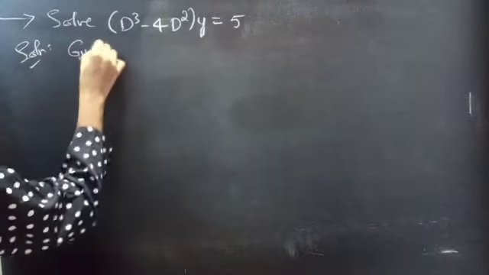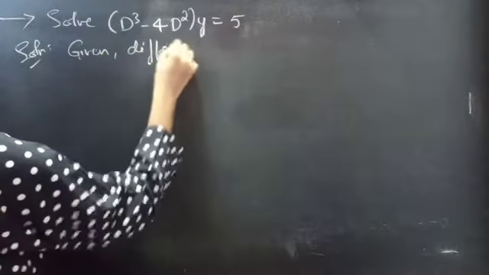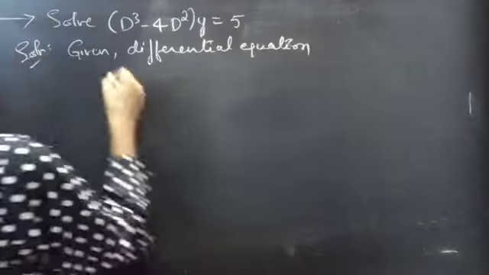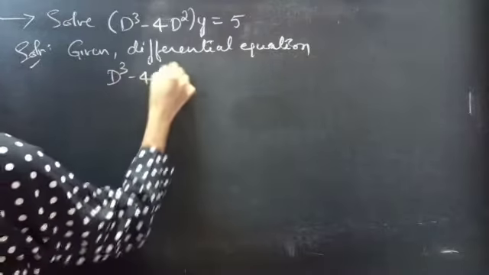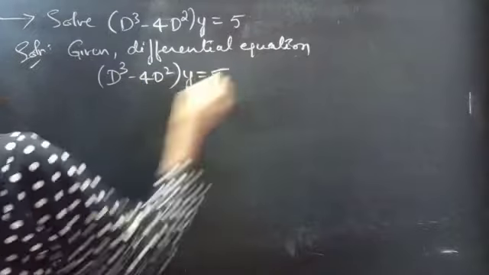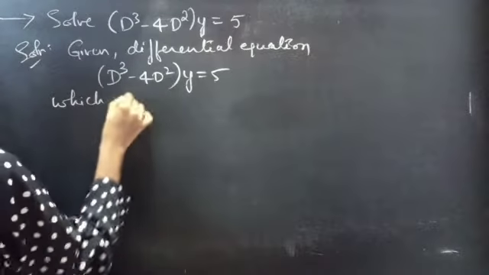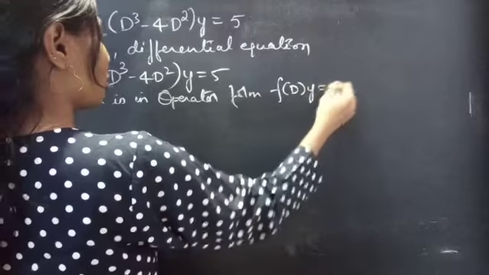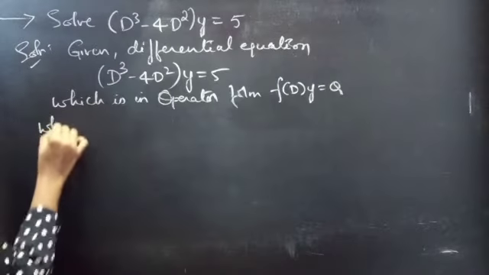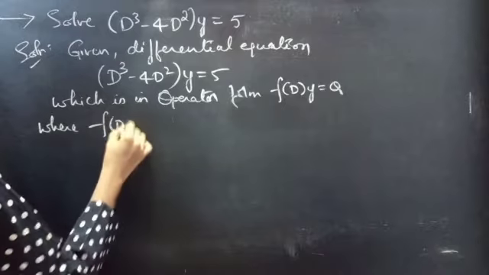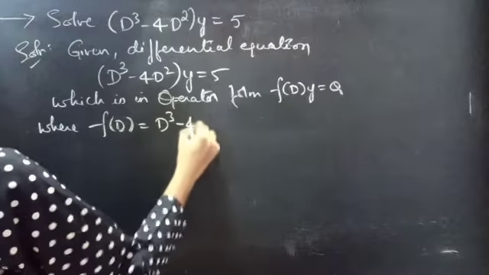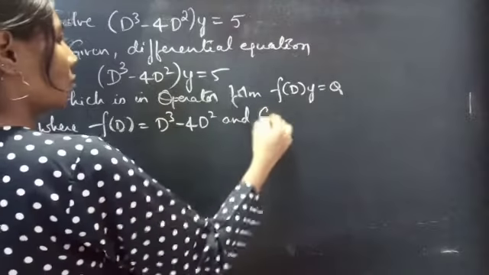Given differential equation, (D cube minus 4D square) y equals 5, which is in operator form F(D) y equals Q. Compare these two equations to get F(D), which is D cube minus 4D square, and Q equals 5.